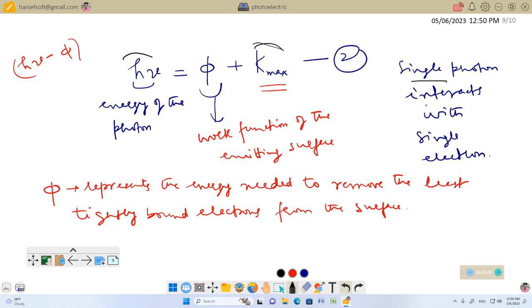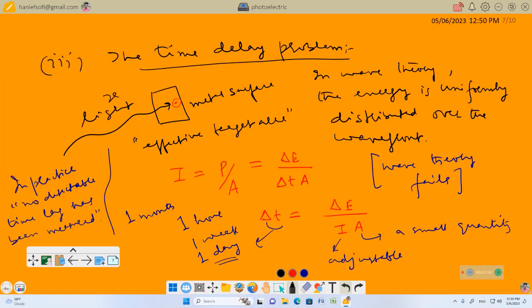This idea makes that issue resolved. Because remember, in wave theory, energy is distributed over the wavefront, then there is that effective area. The electron has to soak or absorb energy from the wavefront, then it will take some time. If intensity is adjusted, that time will be adjusted.